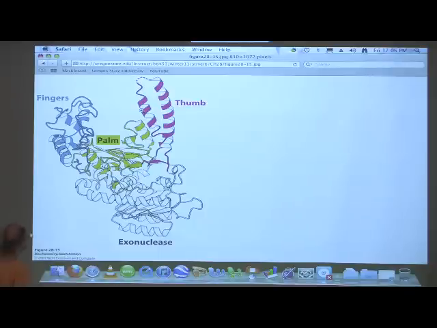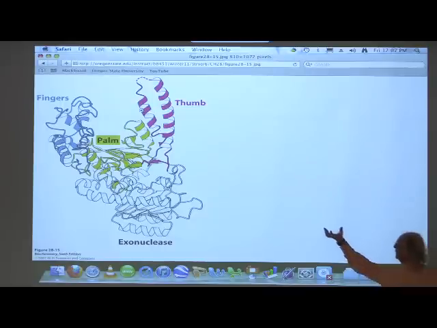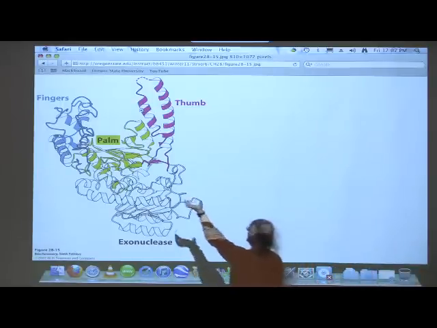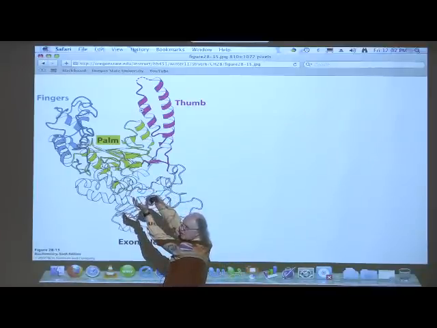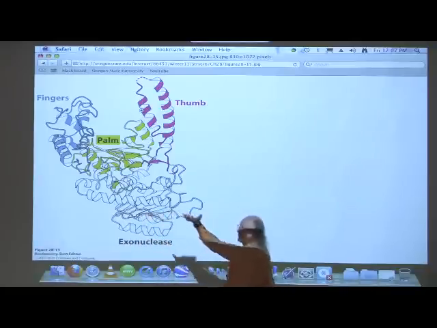This is the structure of a DNA polymerase. It's DNA polymerase I from E. coli. The structure of this enzyme is interesting. It has the shape sort of like a hand. We can think of this hand as looking something like I have here, where the DNA double helix will fit in the palm right here of my hand.